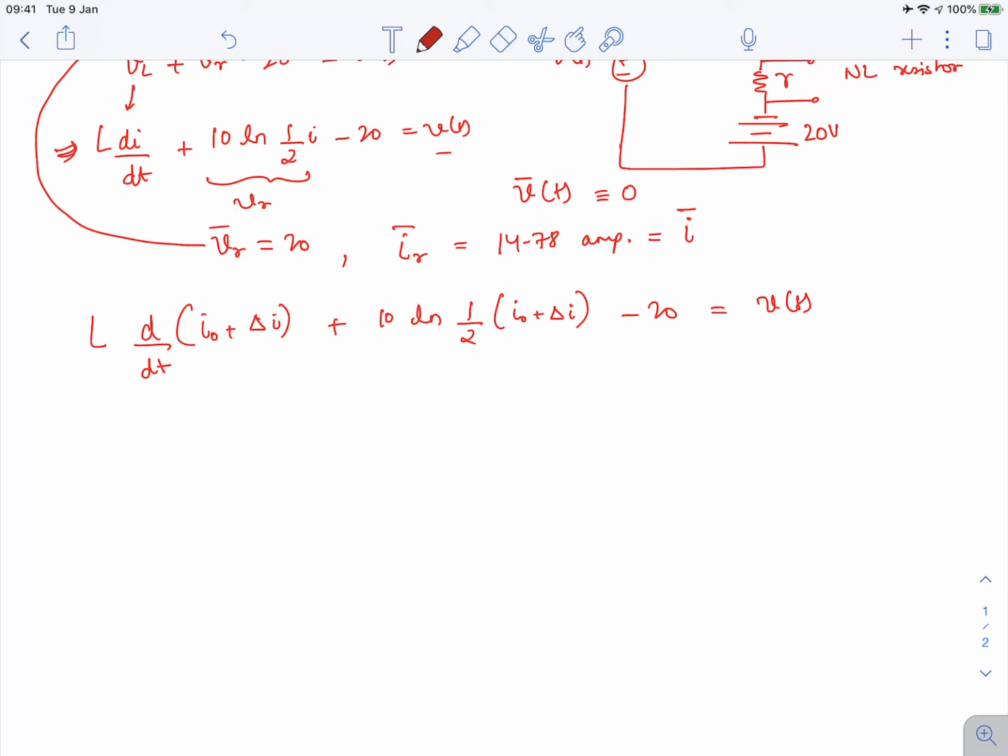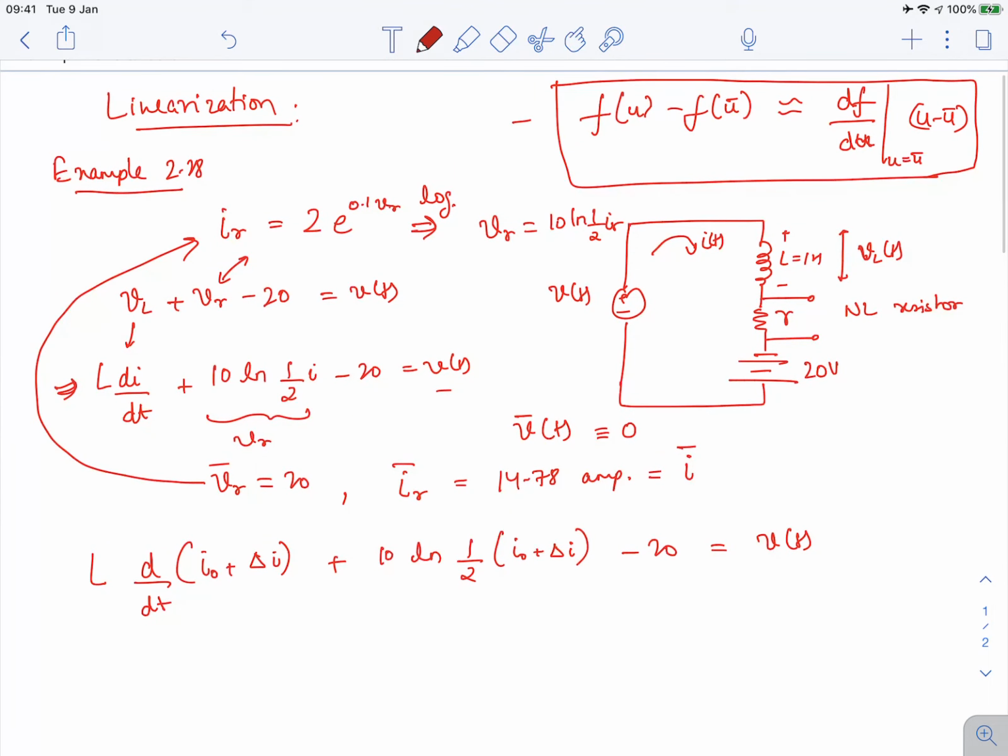The only nonlinear term in this expression is the logarithmic term.